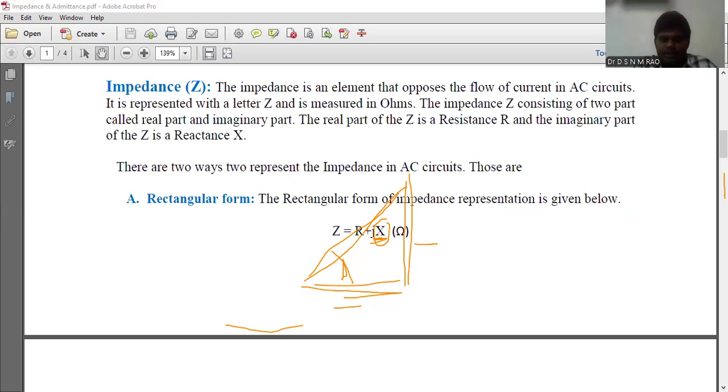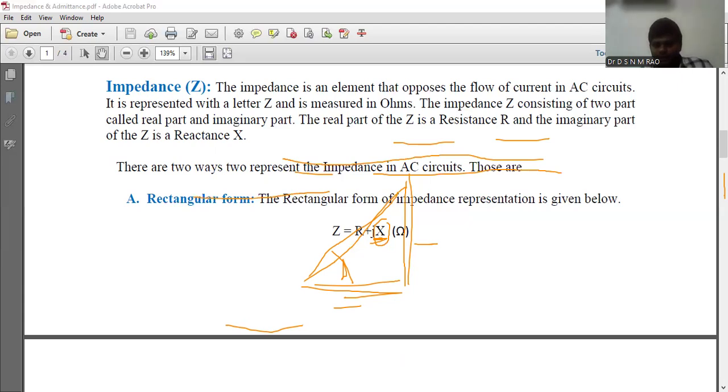It is used to distinguish or discriminate the imaginary term from the real term. The real term is the resistance, and the imaginary or fictitious term is the reactance. It is denoted by j and always placed in front of the imaginary term to distinguish it from the real term.